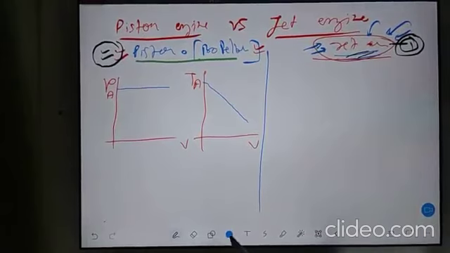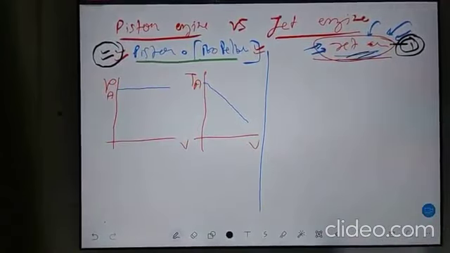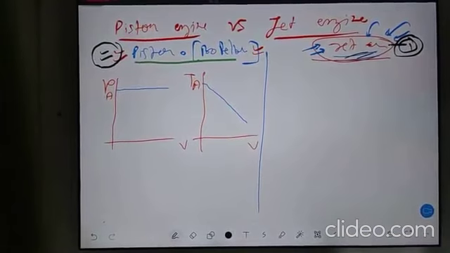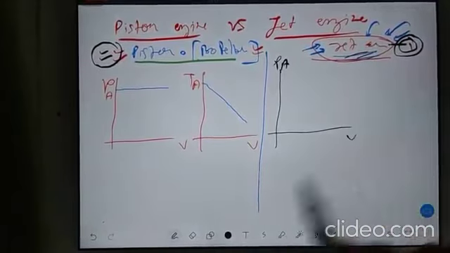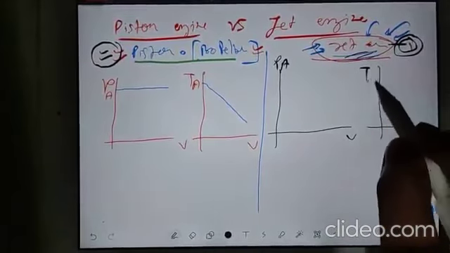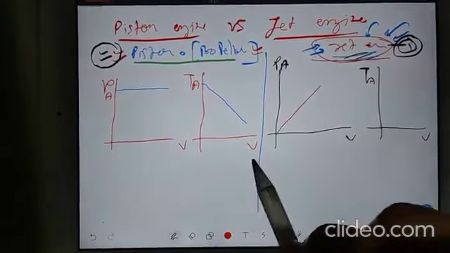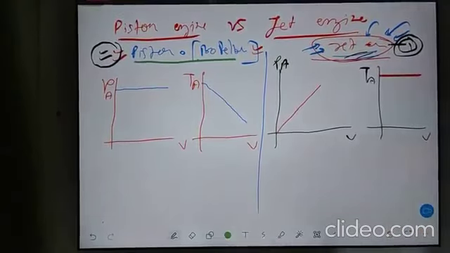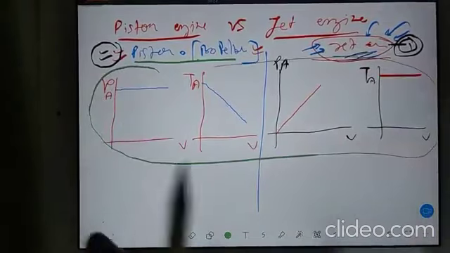And I have the logic why it is happening. I will explain the logic. In the same way, for the jet engine, there also you have power available and thrust available. Power available increases with velocity and thrust available is constant with velocity. So what is the key point here? You should keep all four variations in your mind.